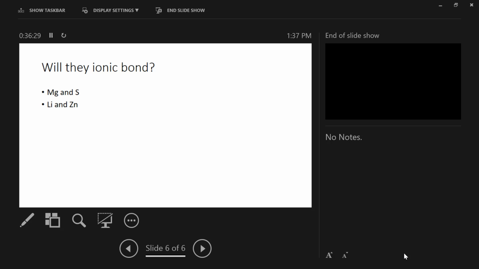So let's do this for magnesium and for sulfur. Sulfur we've already done before, it's over here, so we won't bother doing it again. We'll say, true or false, sulfur has 8 electrons at its highest energy level. False. What does it need?